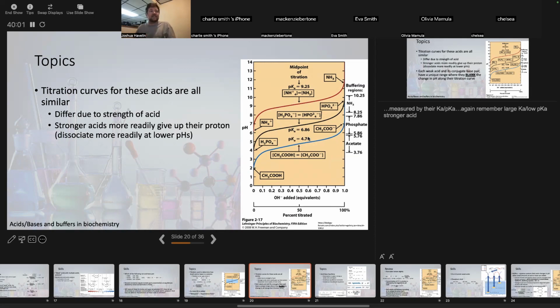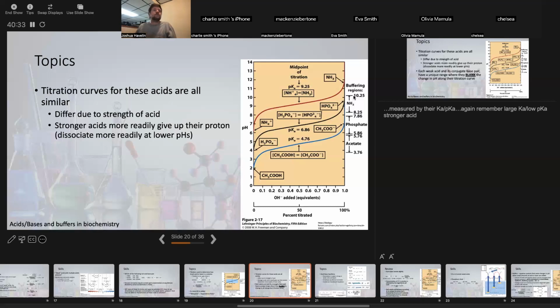So for acetic acid, it happens at 4.76. For H2PO4, it occurs at 6.86, right? Again, if you draw a line right over here, you get pH 6.86. And then ammonium occurs way up high at 9.25. I say way up high, but it's not really that high. So at a pH of 9.25, the concentration of ammonium is equal to the concentration of ammonia.